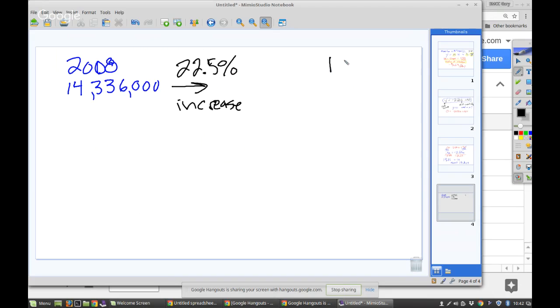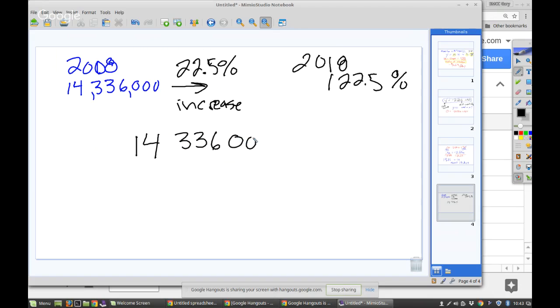That means the 2018 value is going to be 122.5% of what we started with, which means I can just take that 14 million times this as a decimal. So I'm going to on my calculator take 14,336,000 and multiply by 1.225. And that should give me that 17 million number I came up with. It was 561,600. But double check you get the same thing.